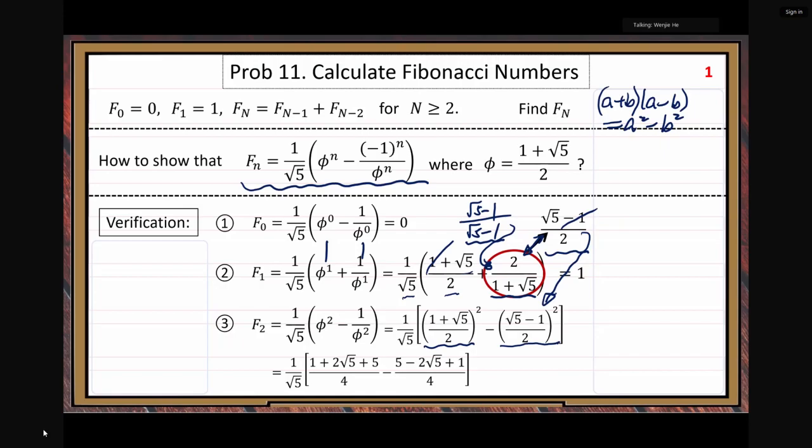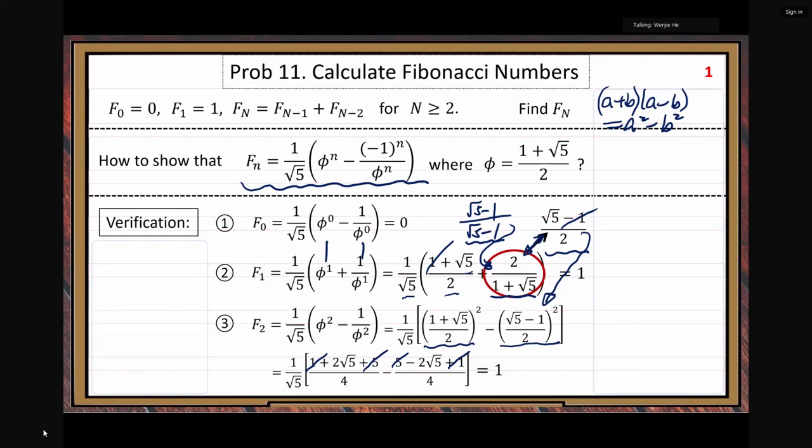Then cancellation, 5 cancels out, that 1 cancels out. 2 root 5 plus another 2 root 5, you have 4 root 5, 4 cancels out, and the leading root 5 cancels out. You also get a 1. So we verify another case.